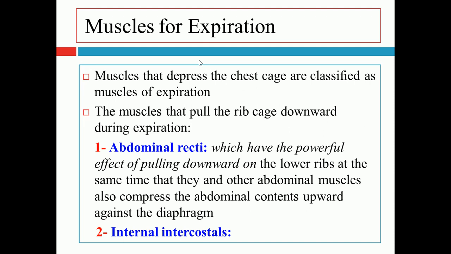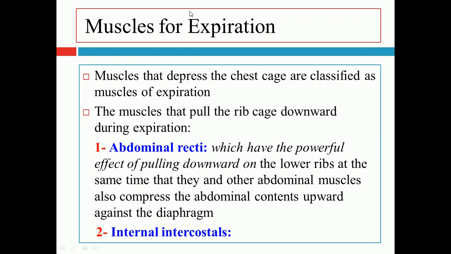or abdominal recti. These pull the rib cage downward during expiration, which has the powerful effect of pulling downward on the lower ribs, at the same time that they and other abdominal muscles also compress the abdominal contents upward against the diaphragm. And then the second are the internal intercostals.